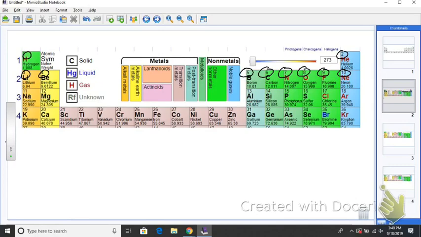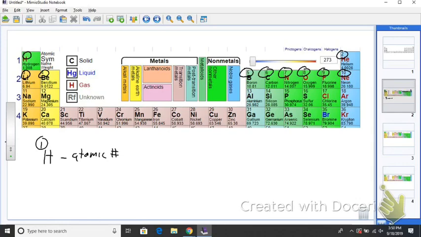All right? So hydrogen has this 1 above it, and that 1 represents the atomic number.